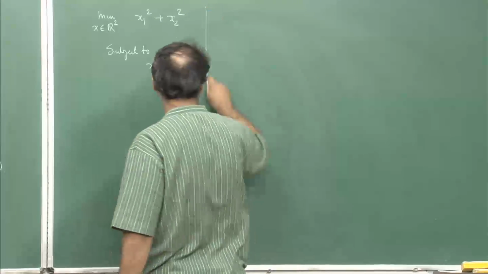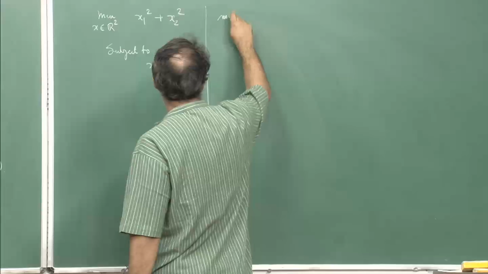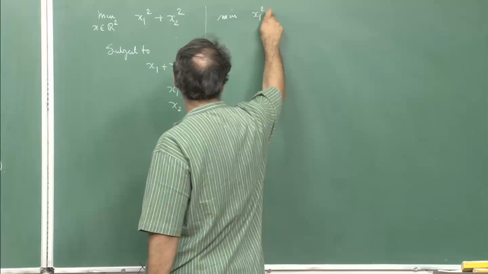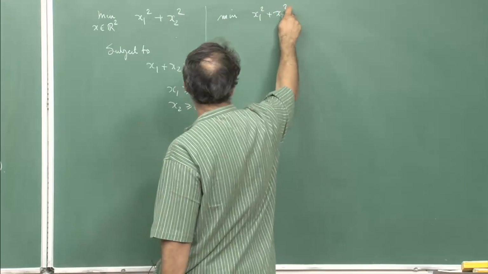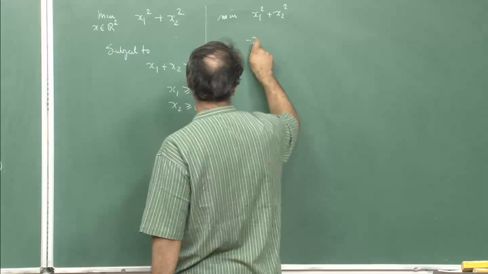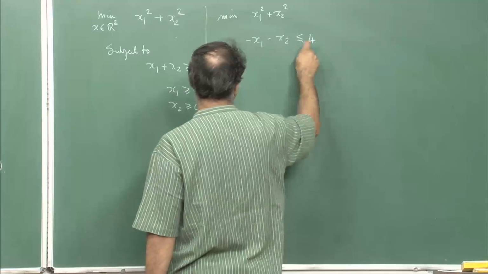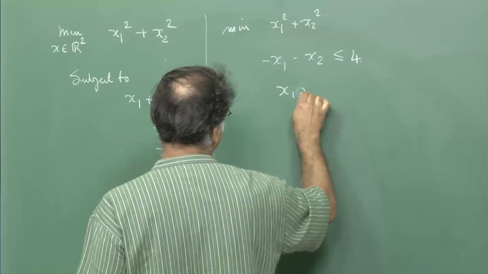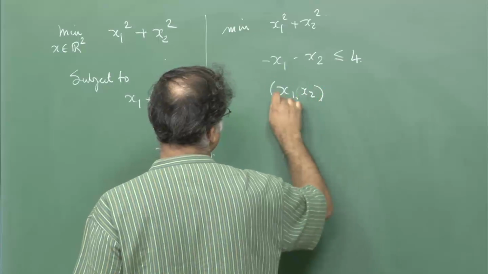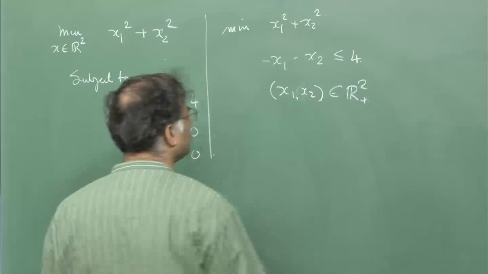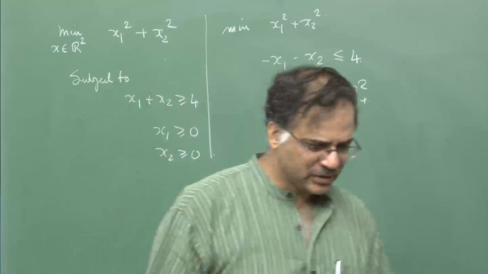So, I can write this as the minimum of this with only one inequality constraint, and I can write the x variable, which is x1, x2, as being in R2 plus, that is in the non-negative orthant. So, that is essentially the problem.